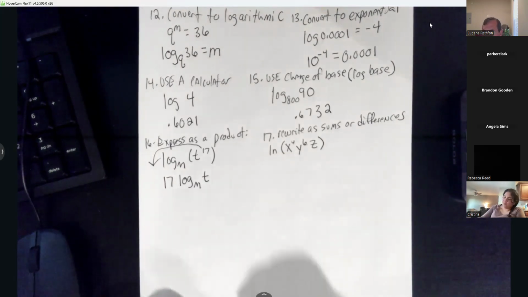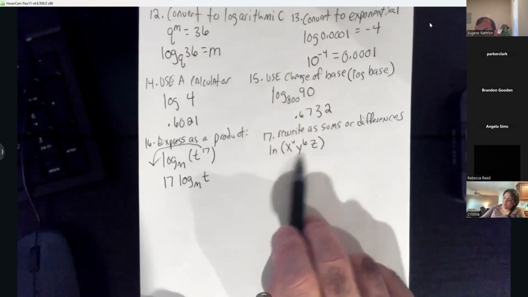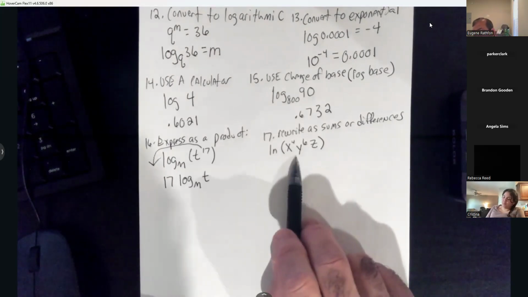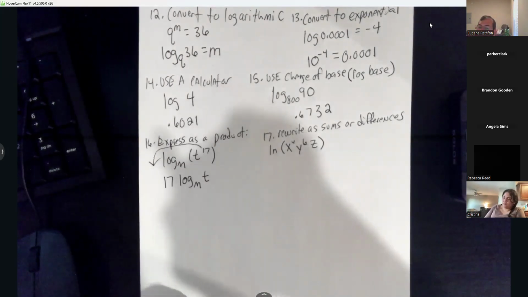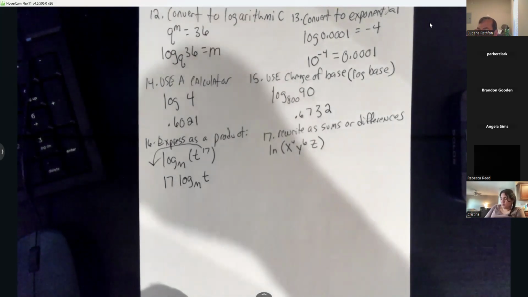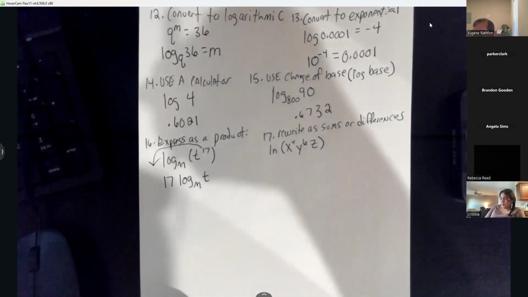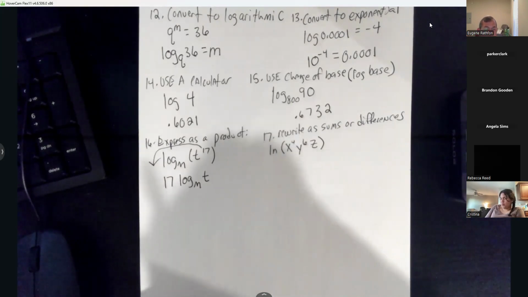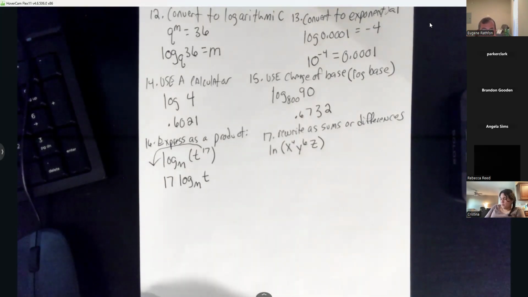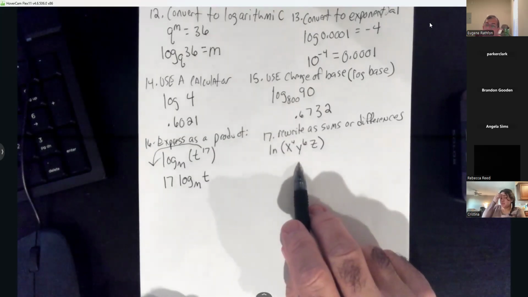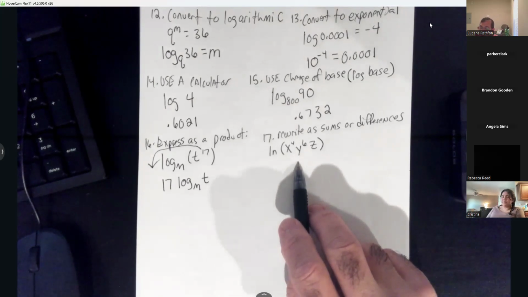So here's my first question. This is a product here. So when I rewrite the product, will I rewrite it as sums or will I rewrite it as differences? What would y'all do? And y'all, that would go back to the product rule for your logarithms.